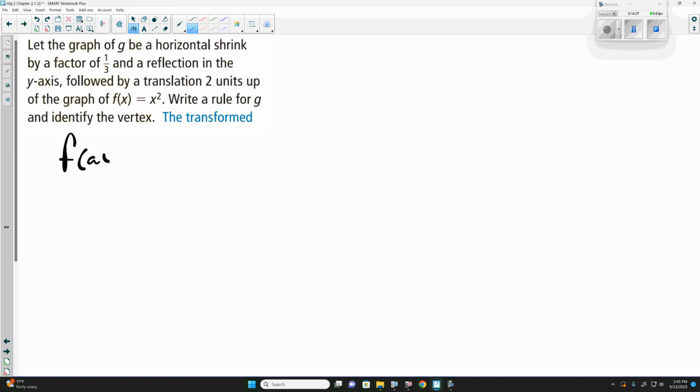In this case, we're going to have f of a times x, because for horizontal, the a is inside, vertical, it is outside. So I think you had it flipped, yes? But the factor of 3 is correct, because with horizontal stretch or shrink, we have to flip the value that they give us. Since it says a horizontal shrink of 1/3, our actual value that we plug in is 3.